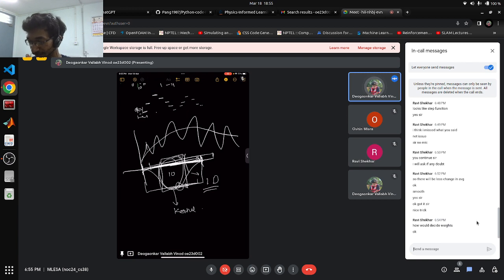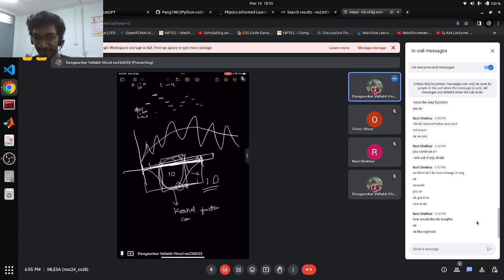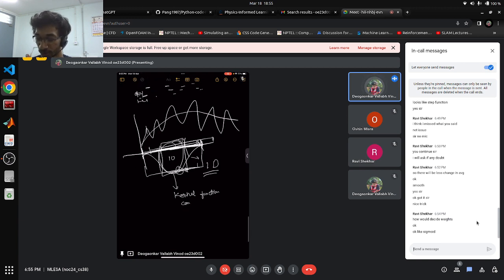So this is a kernel function, or convolution function. The function to be convoluted using, like sigmoid? No, not sigmoid. Sigmoid is an activation function that has a different purpose.